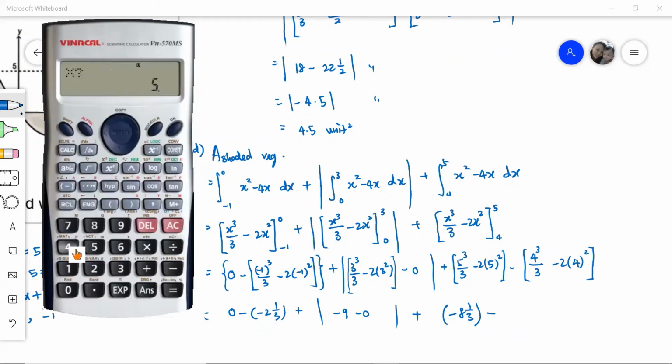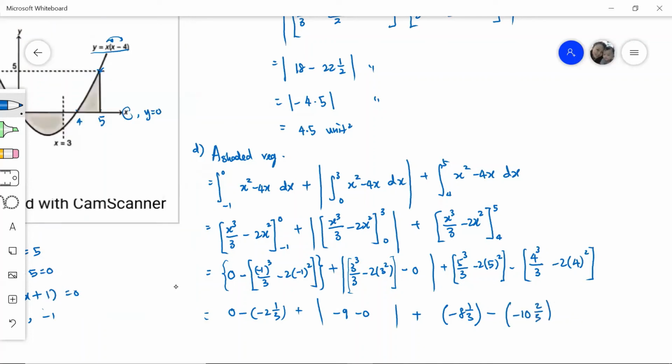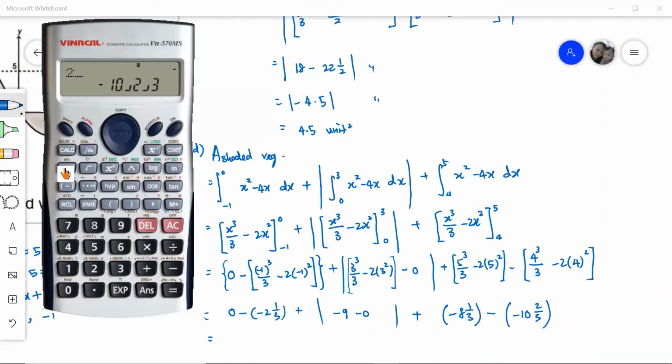When x is 4, negative 10 and 2/3. So with this, we will have 2 and 1/3. And then negative 9 after your modulus becomes positive 9.